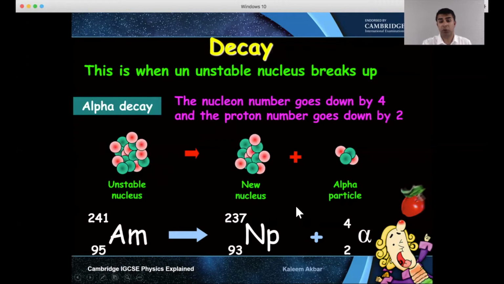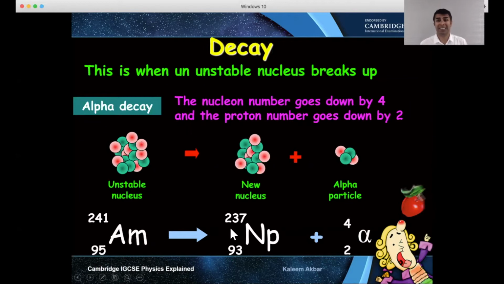Your job is to remember that alpha has a mass number of 4, an atomic number of 2, and you have to remember the symbol. Why? Because basically, in the exam, they're likely to give you all of this, and they're likely to give you the letters over here. What they're not likely to give you is all of the alpha and the numbers over here.